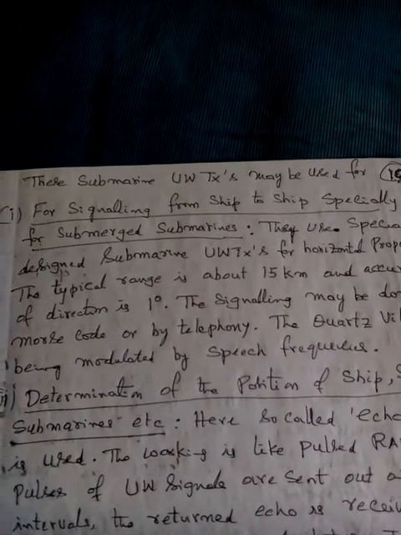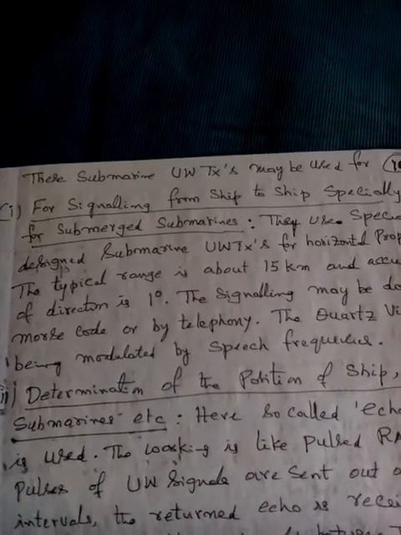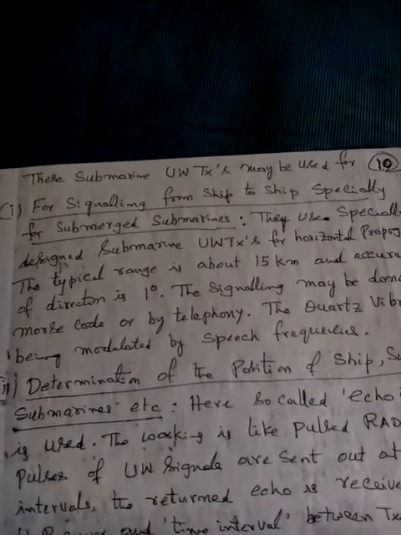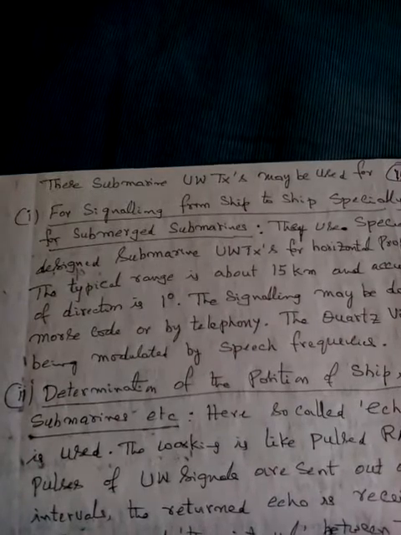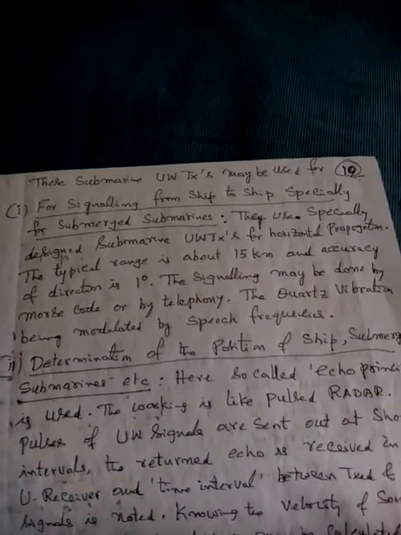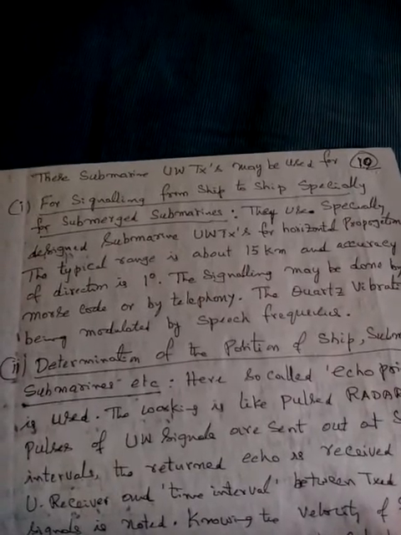They use specially designed submarine ultrasonic wave transducers for horizontal propagation. The signal is sent horizontally. The typical range is about 15 kilometers and the accuracy of direction is 1 degree.